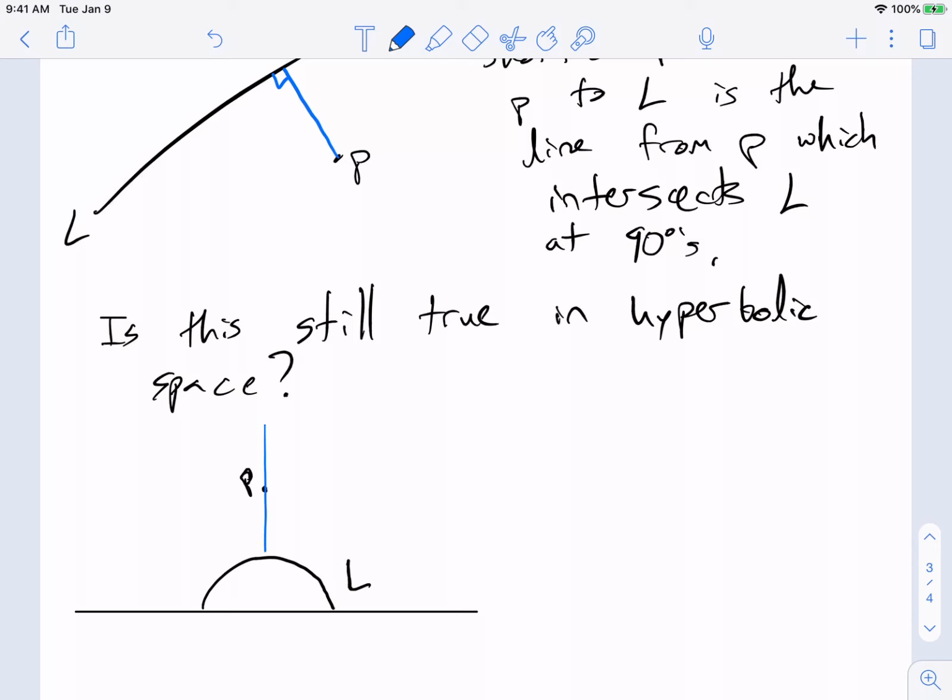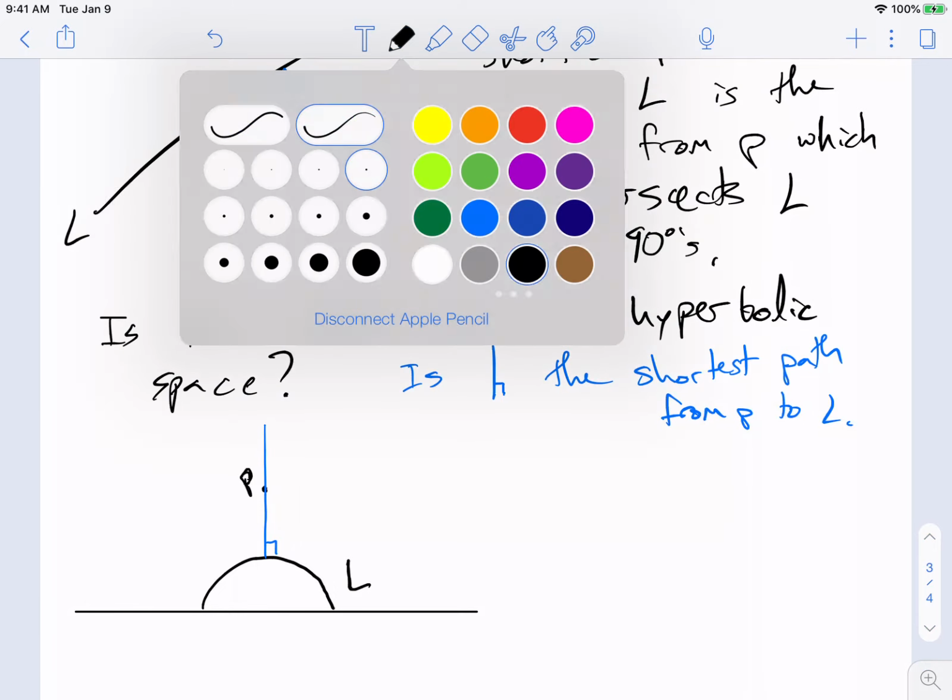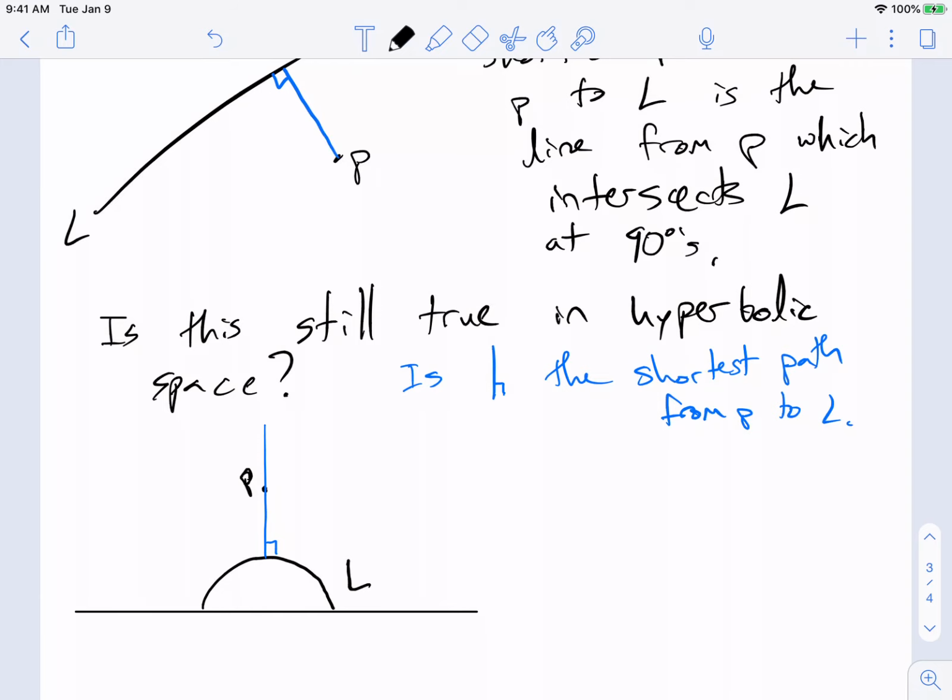It's this vertical line, right? Is this line the shortest path from P to L? I think this should be provable with the tools we have at hand. But I haven't come up with a proof yet.